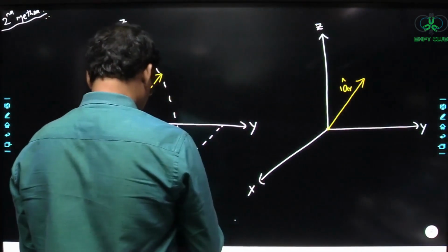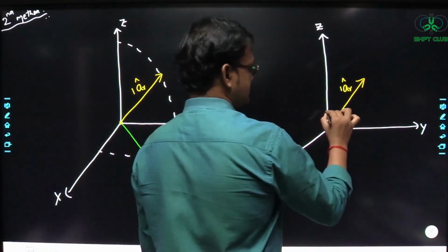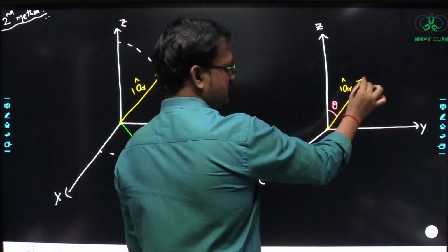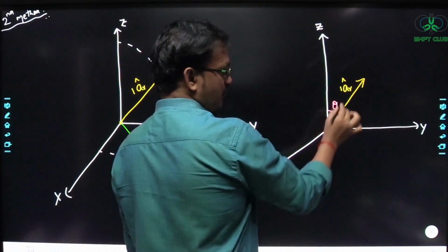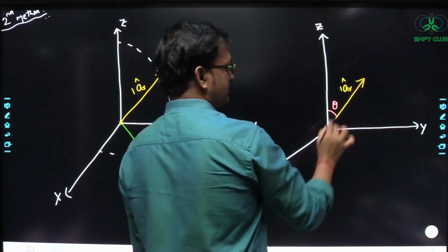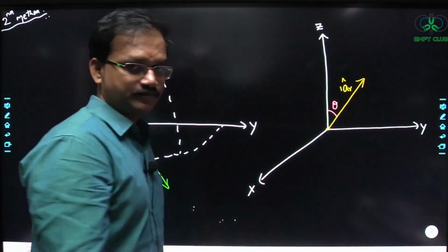So we know that the angle between the radial vector and the z axis is nothing but theta. Yes or no? We have considered the radius as 1, so the angle between the radius and z axis is theta, right?